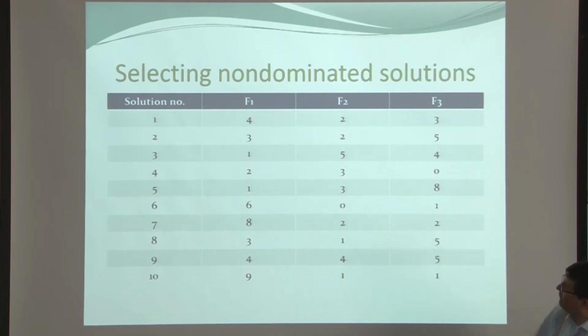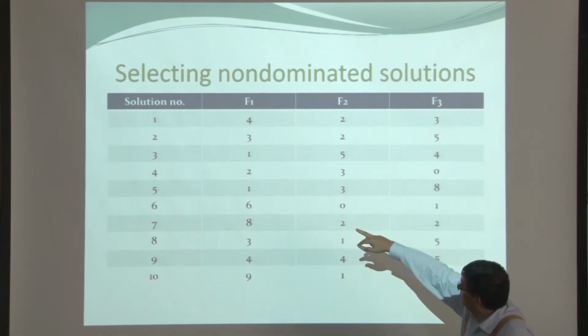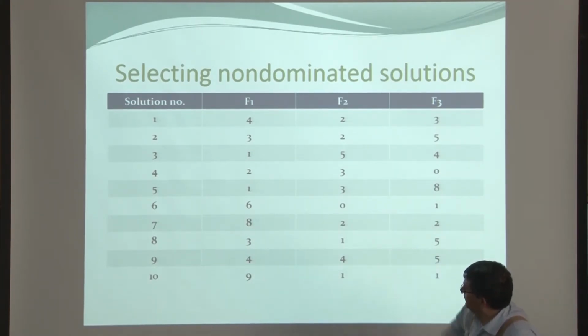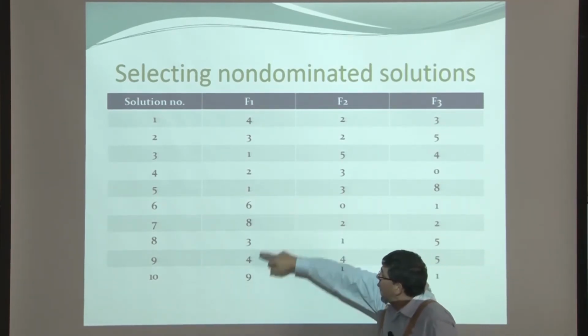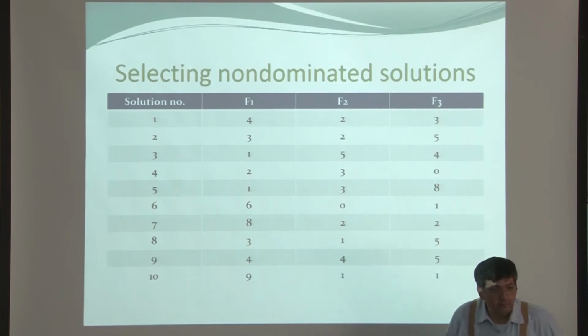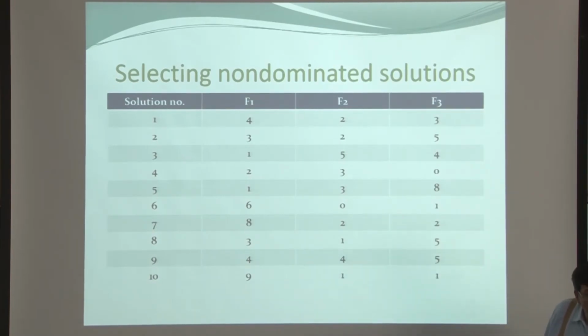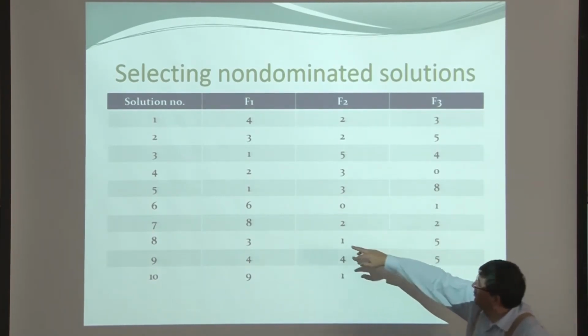So we have to compare everybody else with respect to solution 5. Is it dominated or non-dominated? Solution 9 dominates solution 5? No. No, because this is 1 and this is 4, right? No, but we are comparing with respect to 5.